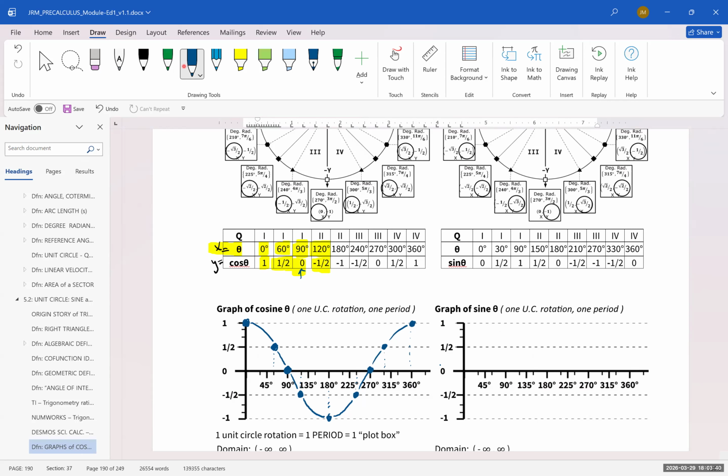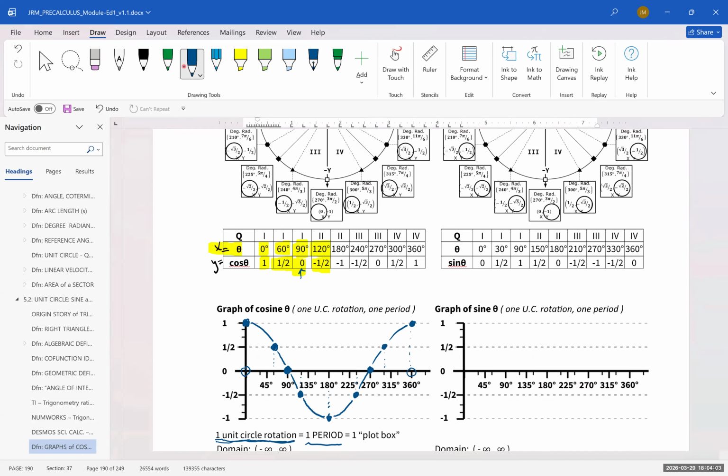And so what we've graphed here is one unit circle rotation. And that equals what we call one period. So one period in a trig function is one unit circle rotation from 0 degrees up to 360 degrees.